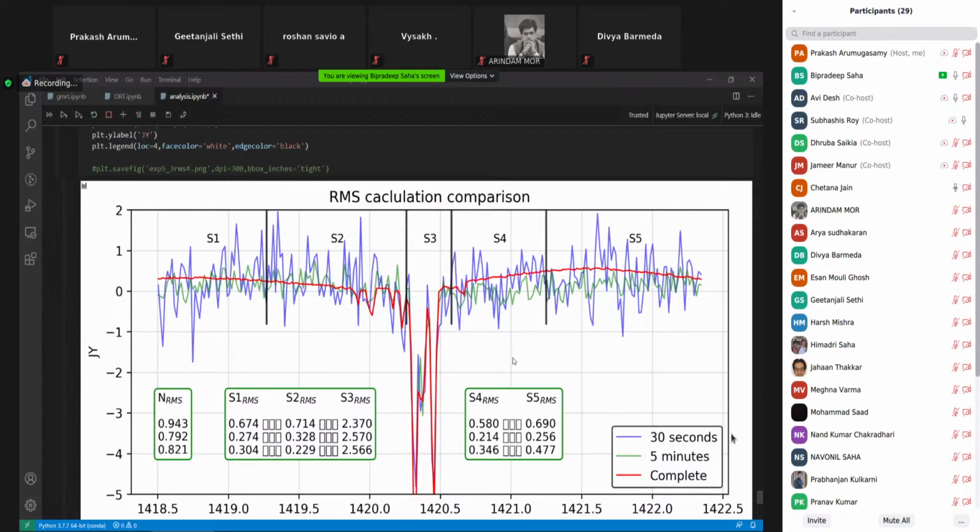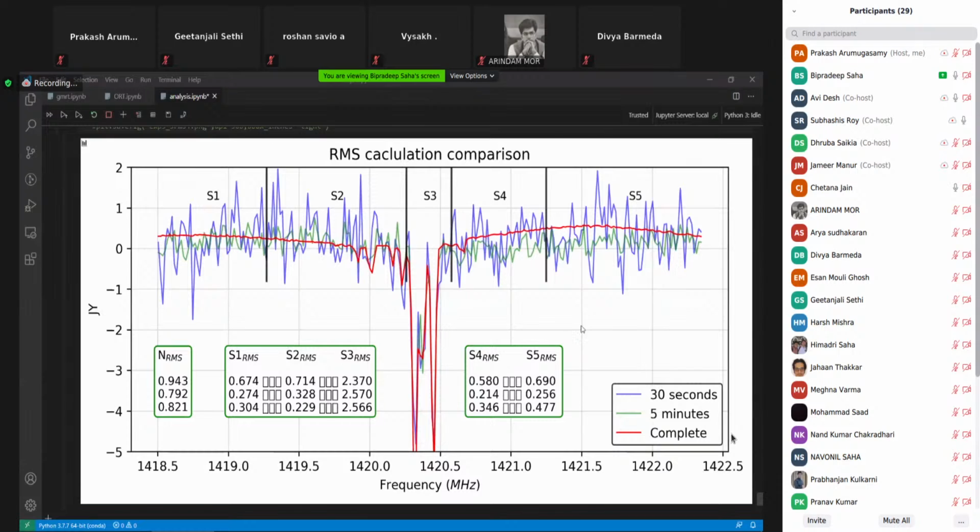So in this third part, we were supposed to determine the RMS for 30 seconds data, 5 minutes data, and the whole array. That was basically with respect to the baseline, not the S3 region. Okay. Do you see it scaling with what you expect? Do you have an expectation of how the noise should go with integration time? Yes, it should reduce from 30 seconds to 5 minutes.